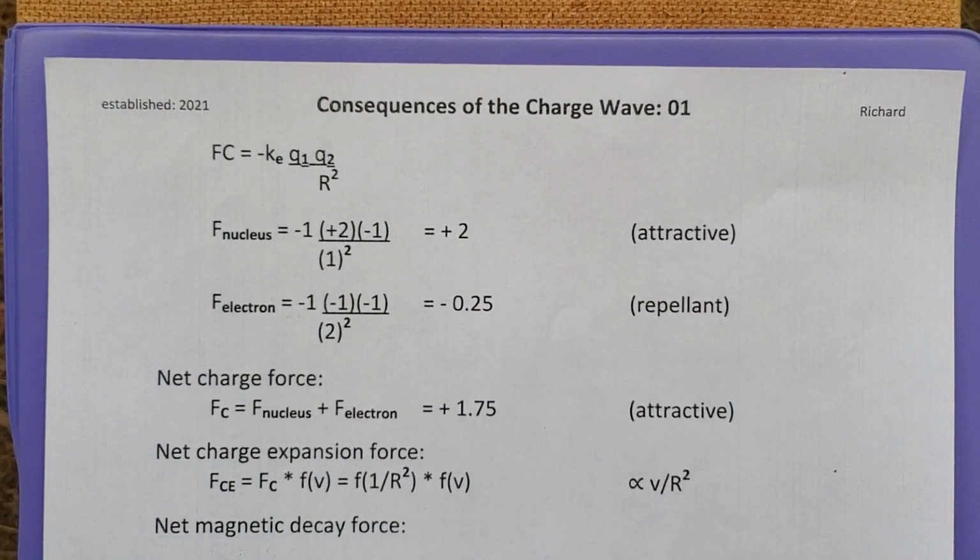While the net charge force is dependent on the inverse square of the radius, the net charge expansion force is dependent on the small angle above 90 degrees, which is proportional to the velocity. Therefore, the net charge expansion force is proportional to the velocity divided by the radius squared.